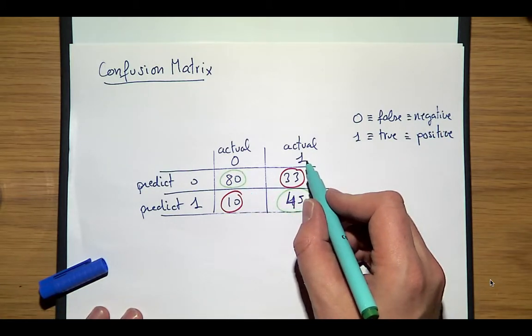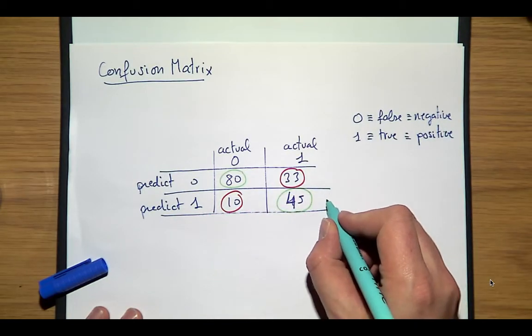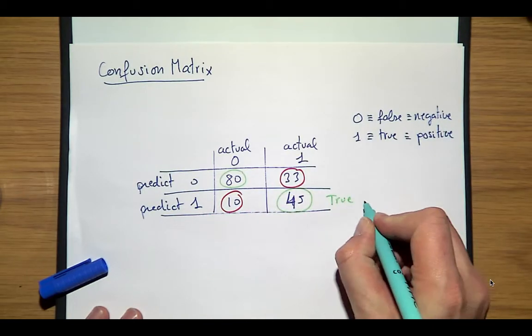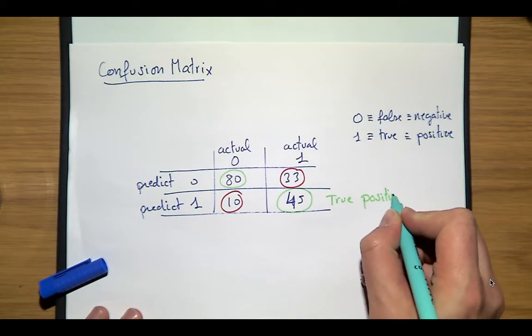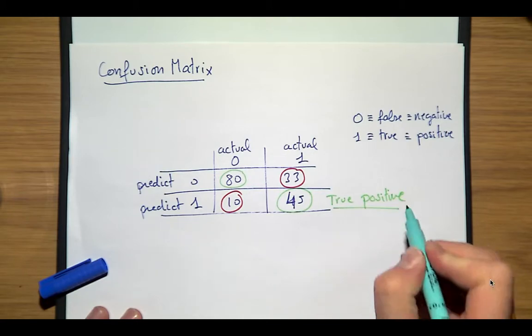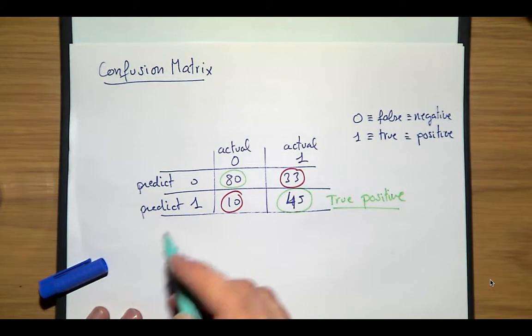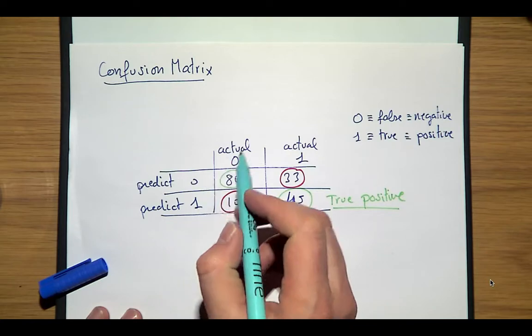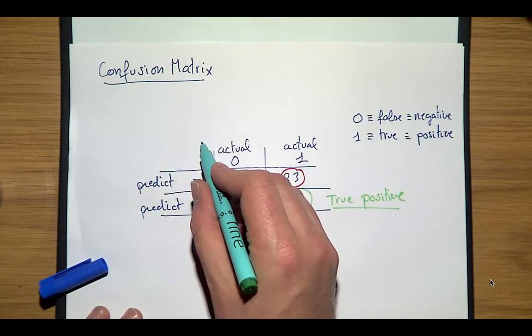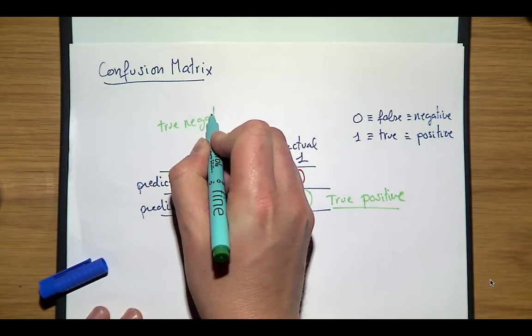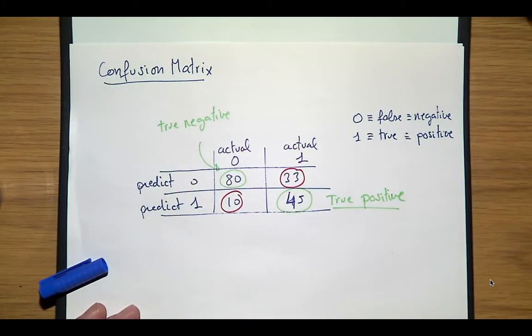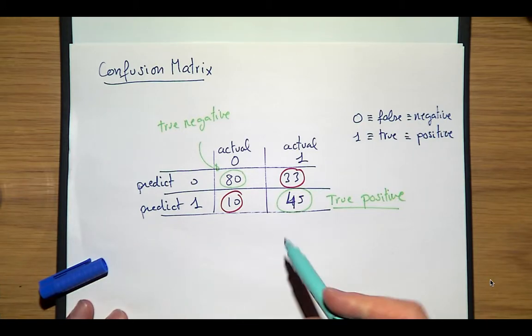If you predict 1 and you have 1, it's called a true positive. If you have 0 and you predict 0, then it's called a true negative. True because you're correct, and then you just say the class. Then you have 2 errors.